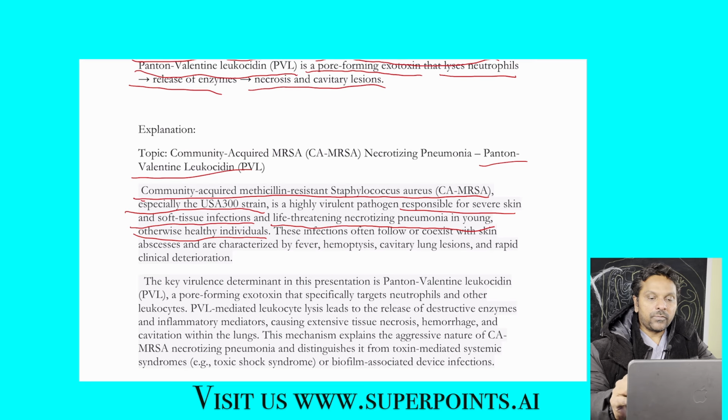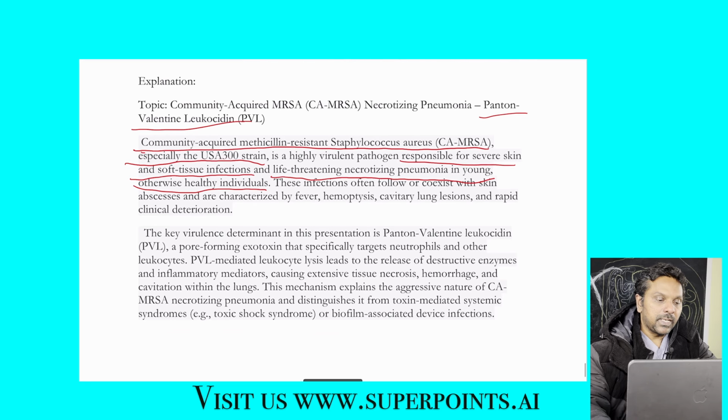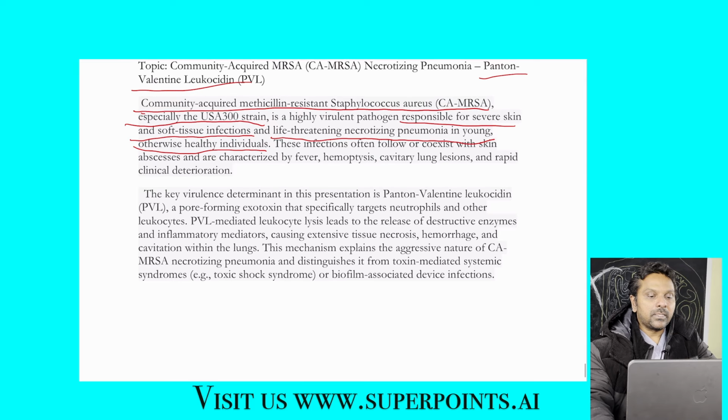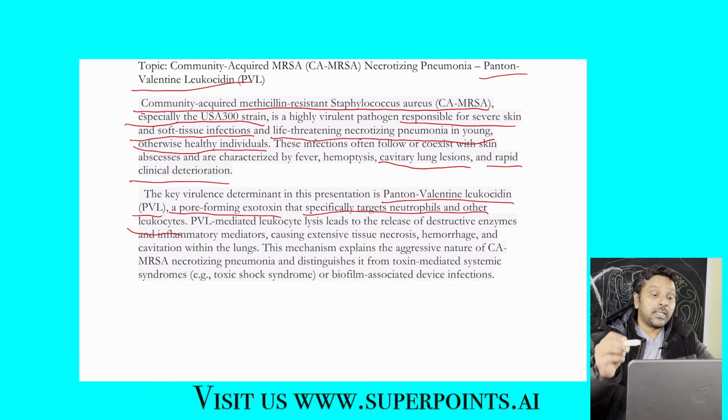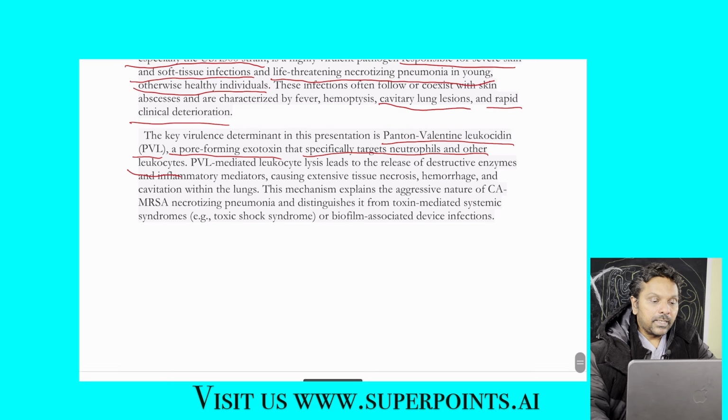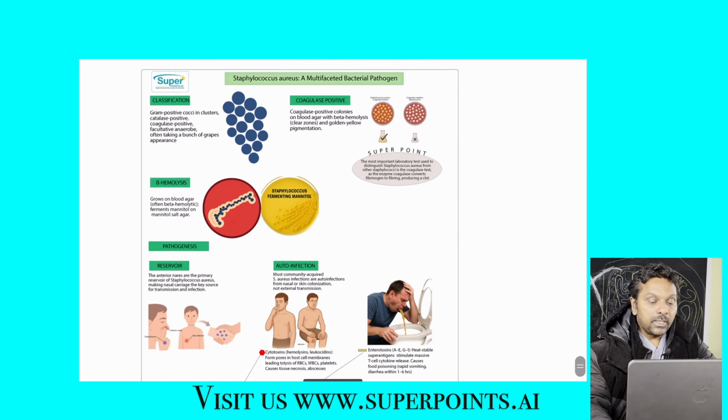These infections often follow or coexist with skin abscesses and are characterized by fever, hemoptysis, cavitary lung lesions, and rapid clinical deterioration. The key virulence determinant in this presentation is Panton-Valentine leukocidin, a pore-forming exotoxin that specifically targets neutrophils and other leukocytes. So PVL is an exotoxin, and it's a very, very important toxin.